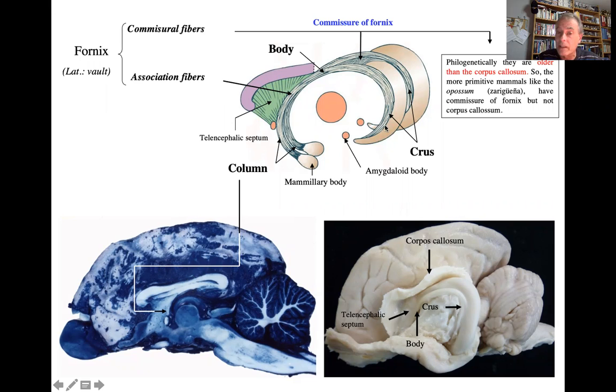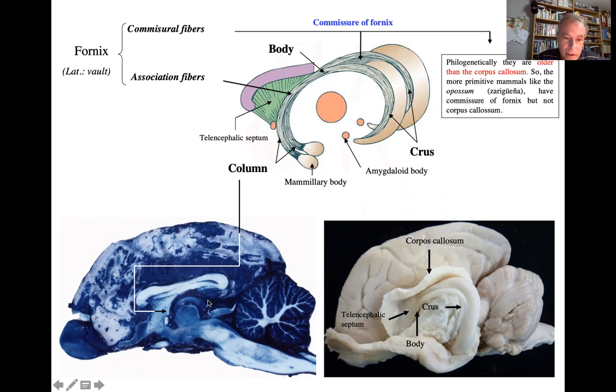So these are fibers that are coming from one hippocampus. They go up, they go rostral, they form the body, and then the columns of the fornix that reach the mammillary bodies of the hypothalamus. However, there are some fibers that communicate both crura of the fornix, and these are the commissural fibers.